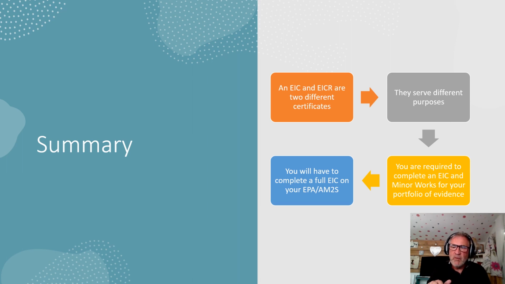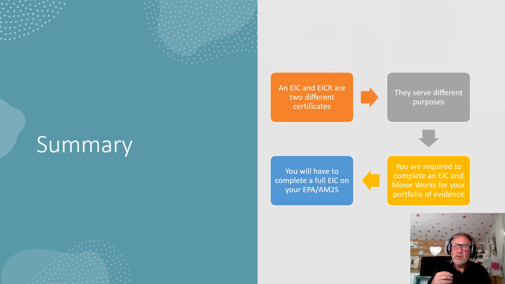Now, I want you to remember that you are required to complete fully an electrical installation certificate and a minor works for your portfolio of evidence for your 5357 qualification. The completion of an EIC is great preparation and practice, because you're going to have to complete a full EIC on your endpoint assessment, which for you folks is an AM2S.